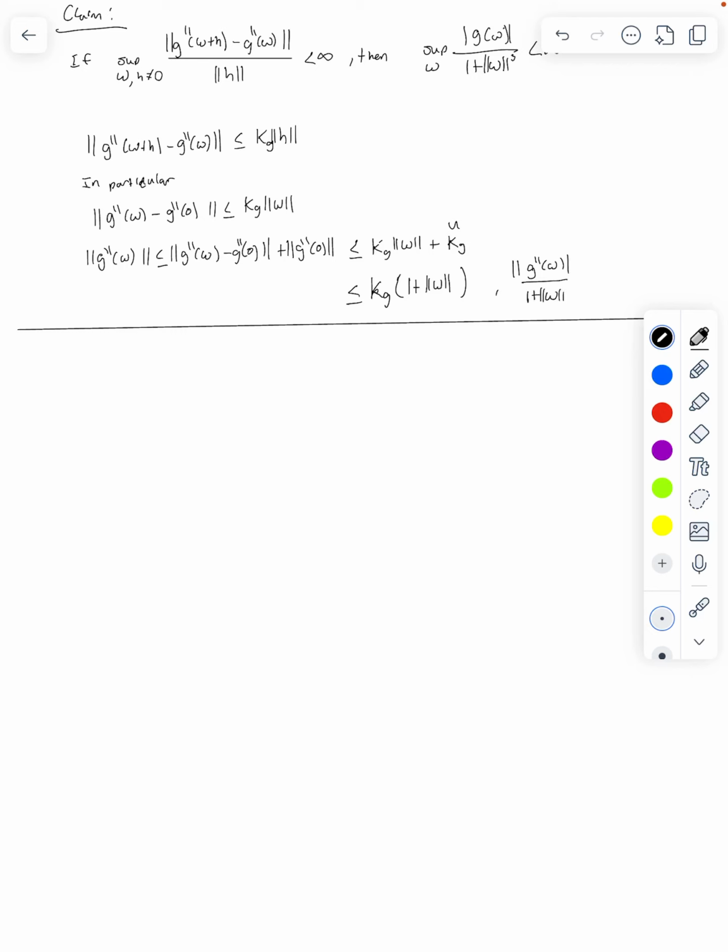And so actually, we've already shown that I believe this is a typo. I'm pretty sure this right here is a typo.